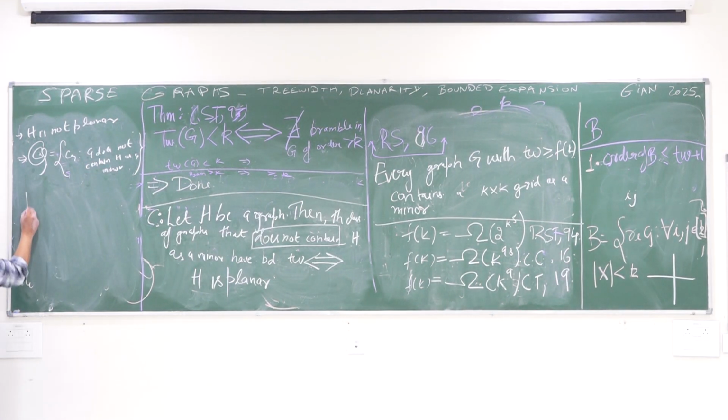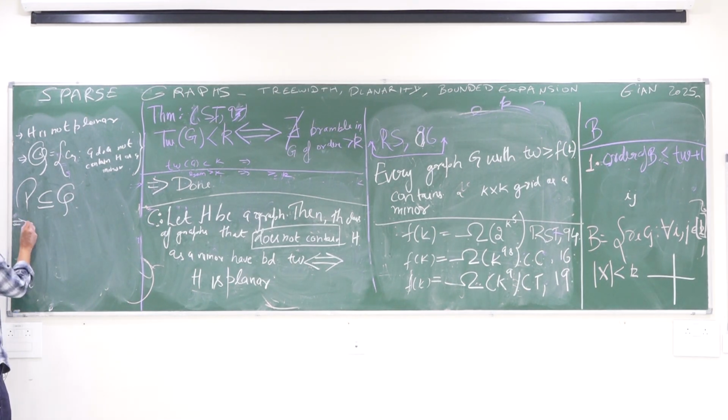Then of course the class of all planar graphs is in G, and we proved that the class of all grids is a subset of planar graphs, and they have unbounded treewidth, because as you increase k, your treewidth increases. And this says that if your H is not planar, then the class G has unbounded treewidth.